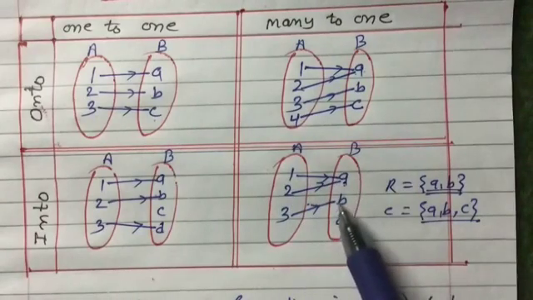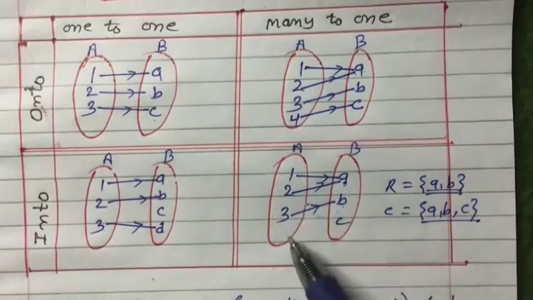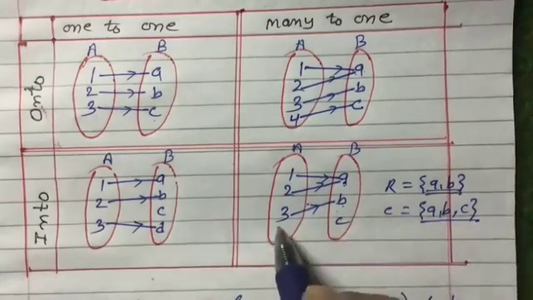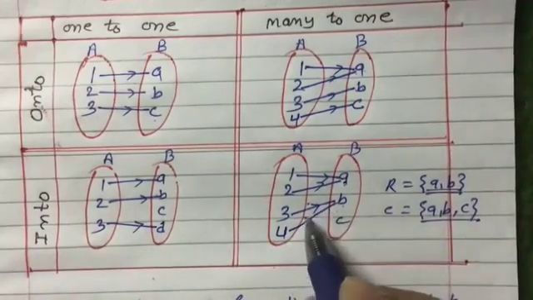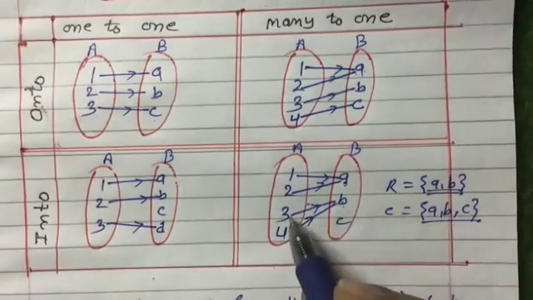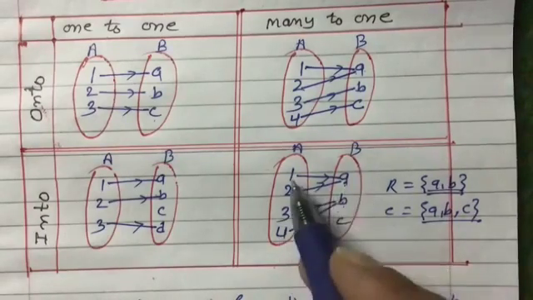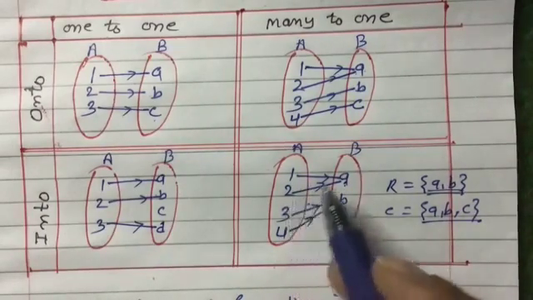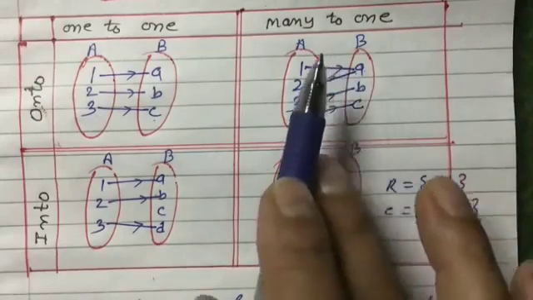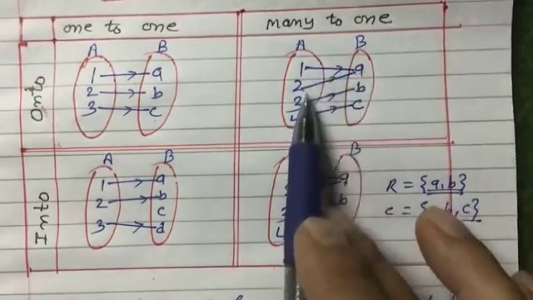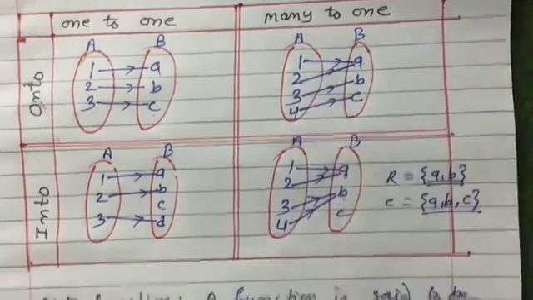Sometimes A and B both might have more than one pre-image also. In that condition also it will be many-to-one. Suppose here is 4 and again 4 is joined with B. B also has more than one pre-image, and A also has more than one pre-image. In this condition we will say this is many-to-one. So at least one image should have more than one pre-image, then it is a many-to-one function.